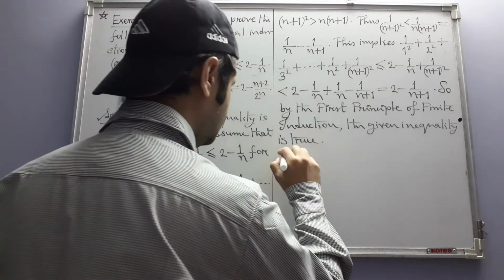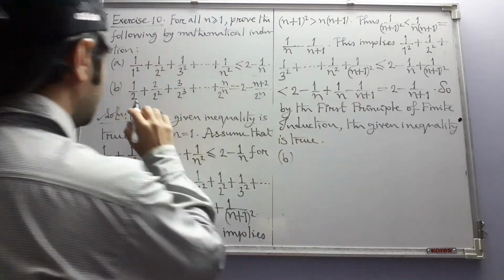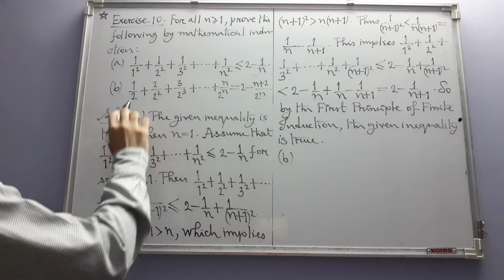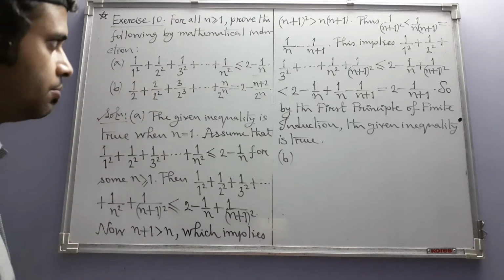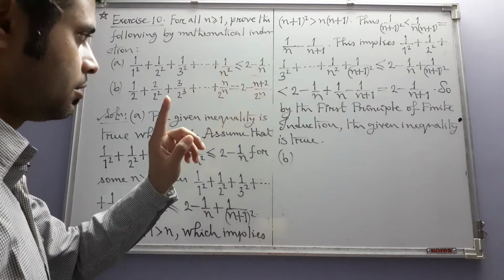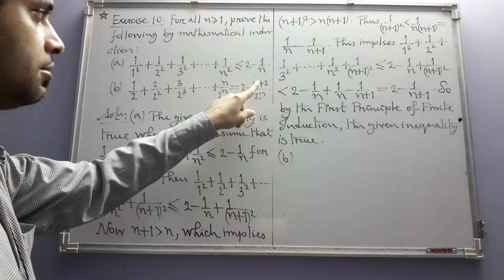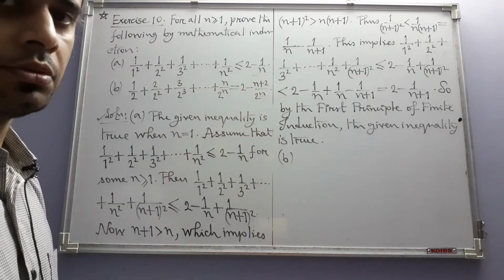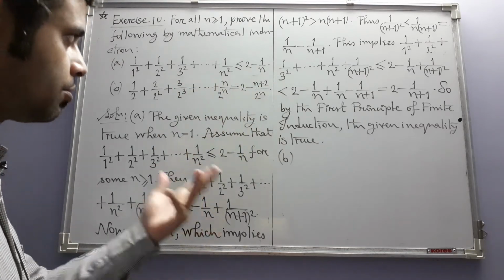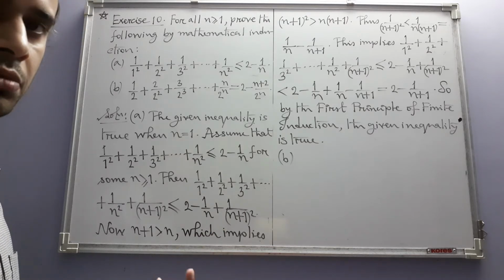Then part B, same, when n is 1, the left hand side is 1 over 2. When n is 1 here, the right hand side is 2 minus 3 divided by 2, that is 4 minus 3 whole divided by 2, or 1 divided by 2.